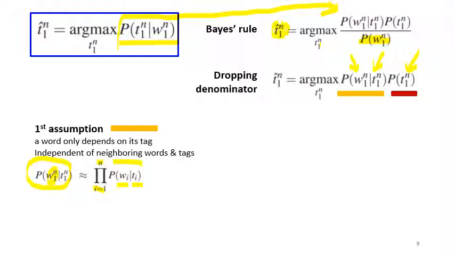So we simplify the matter from sequences to only the tag and the word at position i.